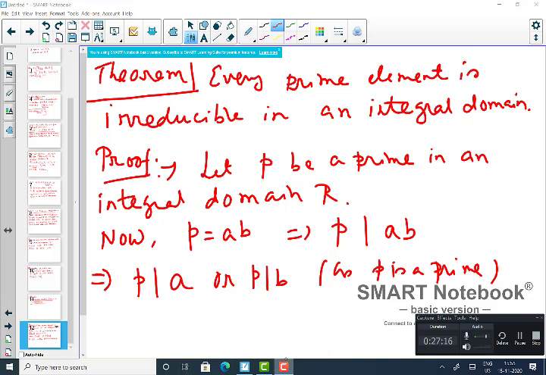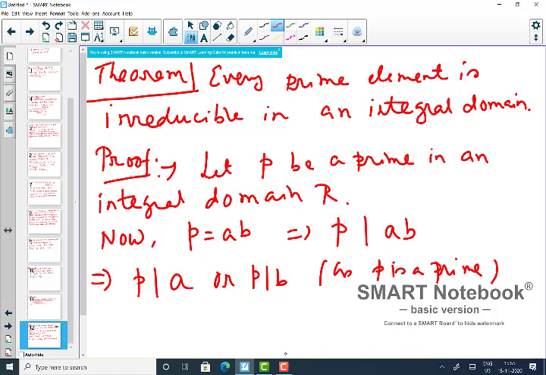For a prime, if it divides a product, then it has to divide one of the factors, right? So either P divides A or P divides B. Okay, now without loss of generality assume that P divides A. If P divides A, then what happens? Okay, so let me write this down.